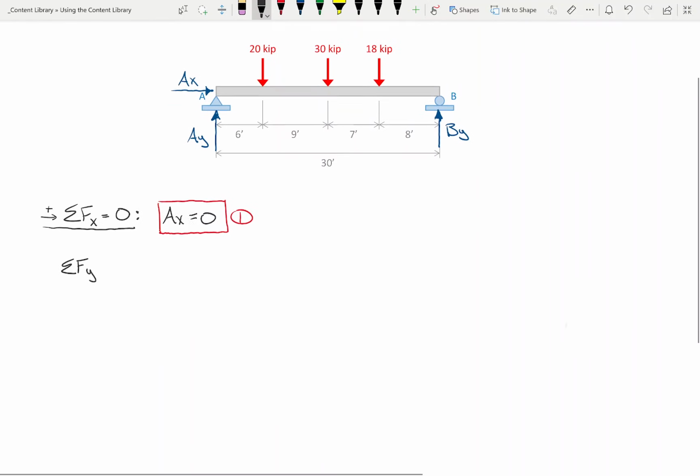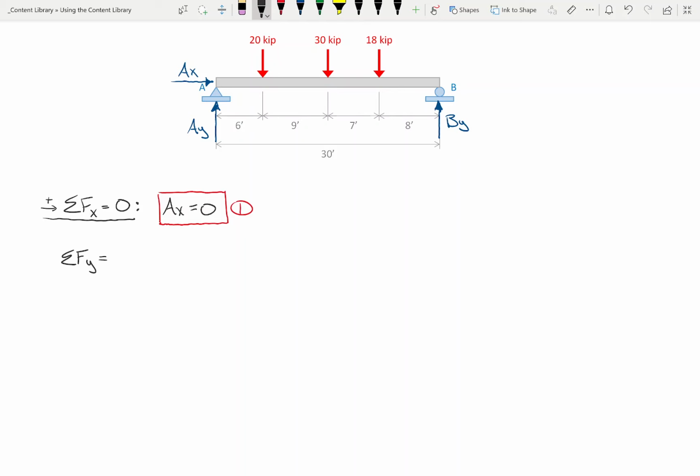I'm going to scooch this up a little bit. Let's sum the forces in the y direction and set them equal to 0. Similarly, I'm going to choose a sign convention. I'm going to choose upward forces to be positive, and I'm going to work from left to right.